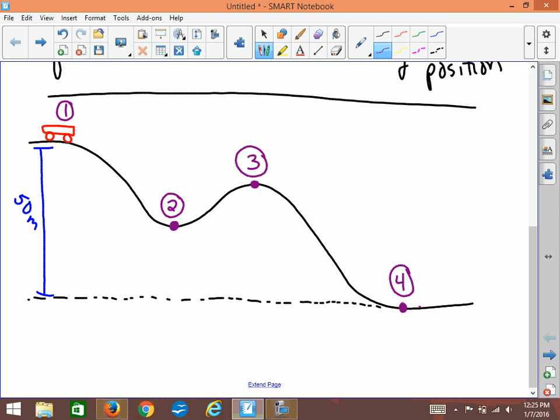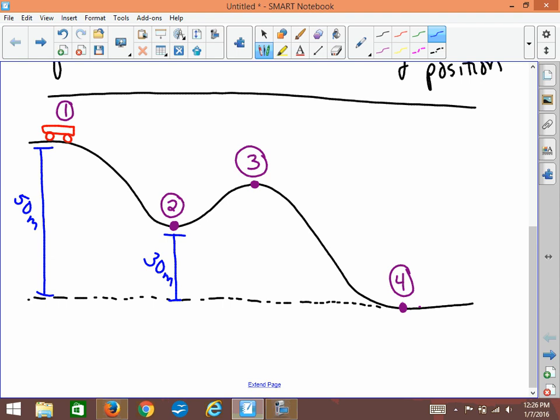Okay? And what we want to do is figure out some of the things that are happening. Now I'm going to tell you a few more things. At position 2, the height of the roller coaster is 30 meters. So it's a little bit lower. See, we dropped down from 50 down to 30.